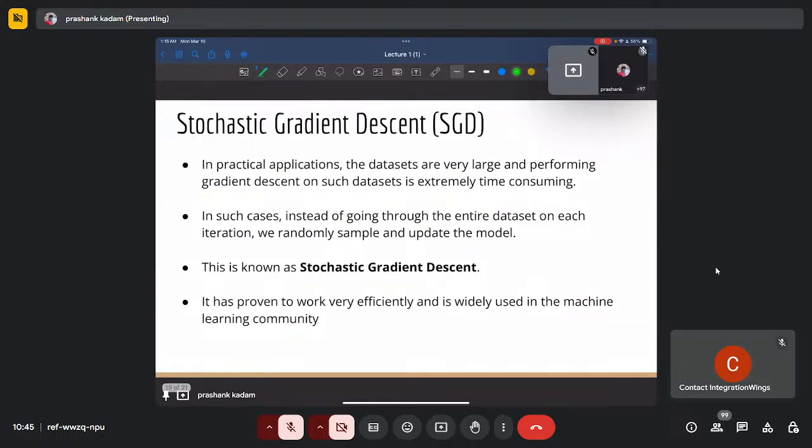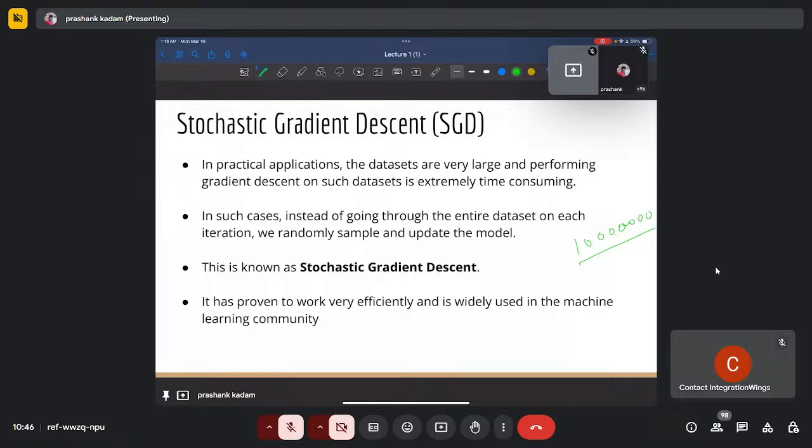Now I'll move on with the next part, where I was saying that this approach is not at all practical. Why is it not practical? Your data set may have, say, 10 million data points. You have so much data, and now you are running gradient descent over all this data.